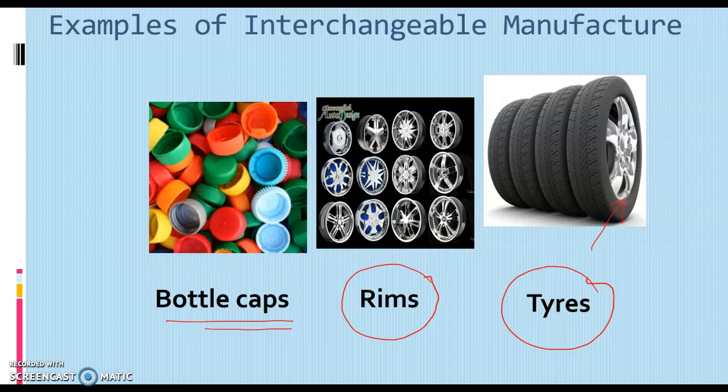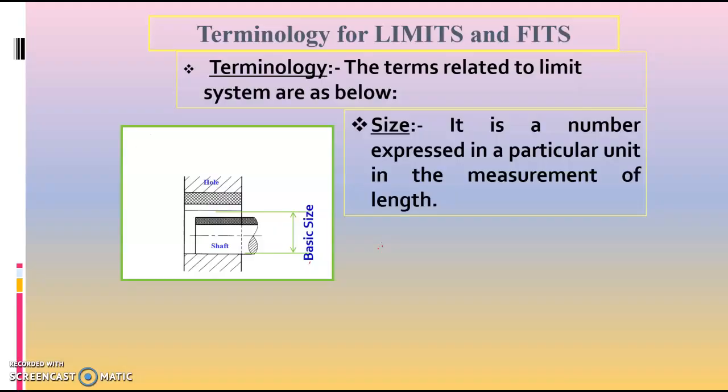These all require interchangeable manufacturing. These are very few examples, but a lot of things in the world and machineries are manufactured with this interchangeable feature. After discussing the necessity, we are moving to the terminology of limits and fits.